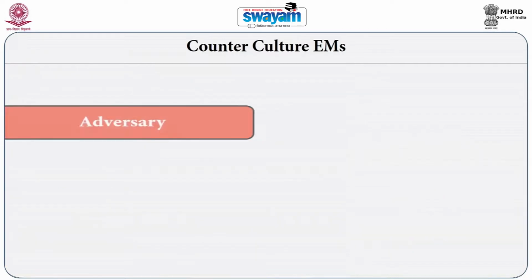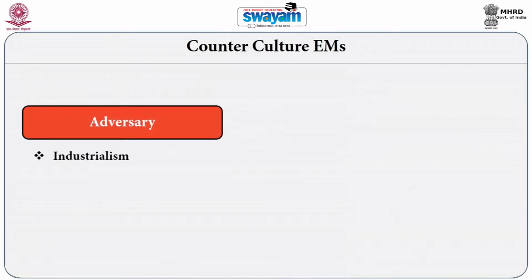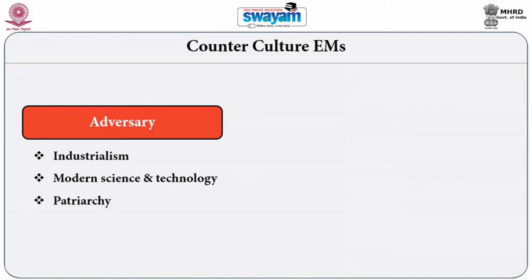And what are the adversaries of these movements? The adversaries of these movements are industrialism, modern science and technology, and the institutions of patriarchy. So these movements essentially question the existing established pattern of the society along with their concern for nature.